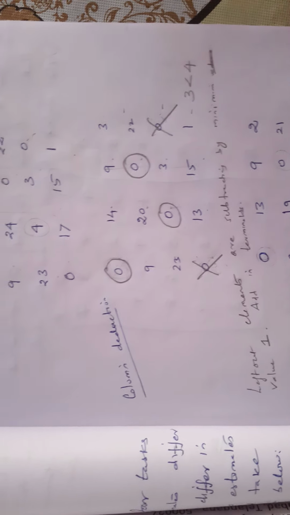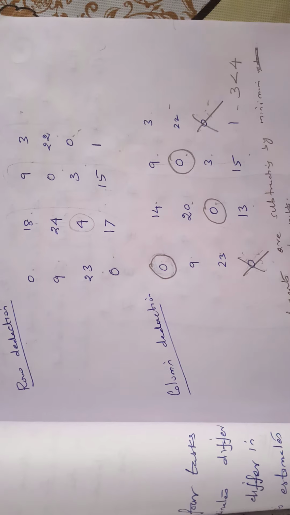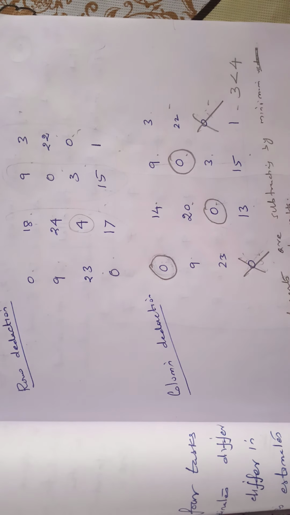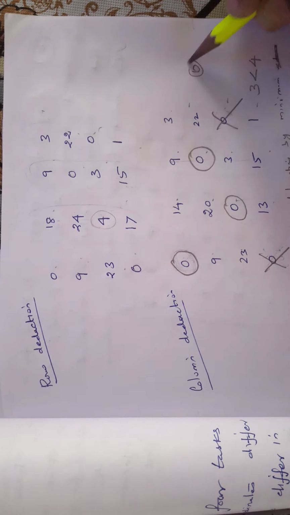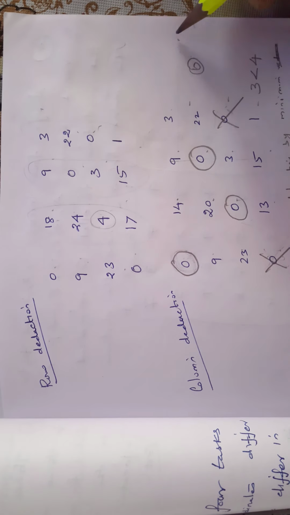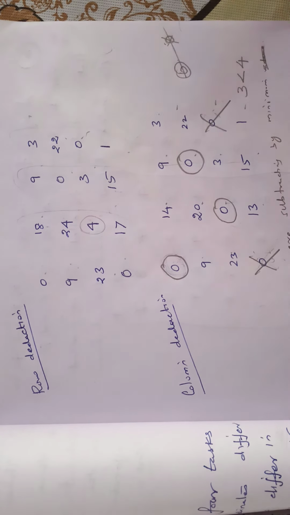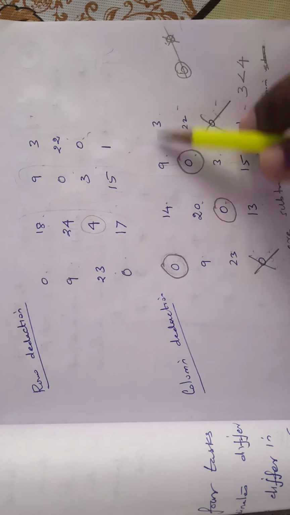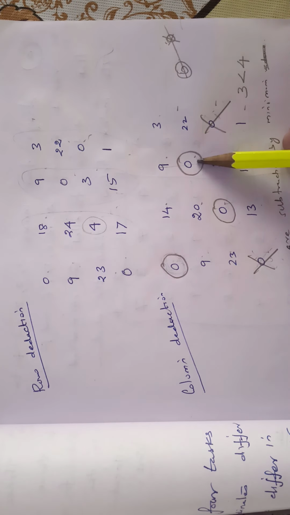So we have to draw a minimum number of lines through the encircled and crossed zeros. First we concentrate on the first row, only one 0, leave it. Second row, one encircled 0, leave it.